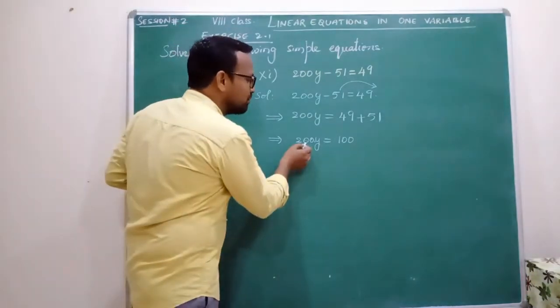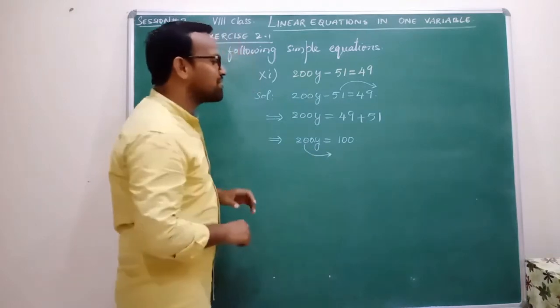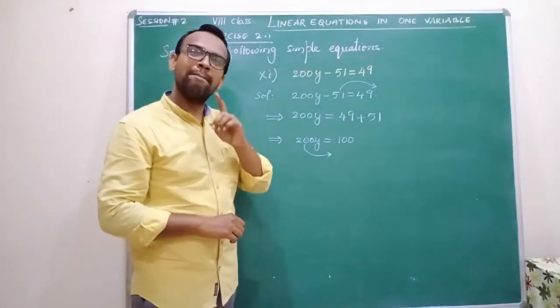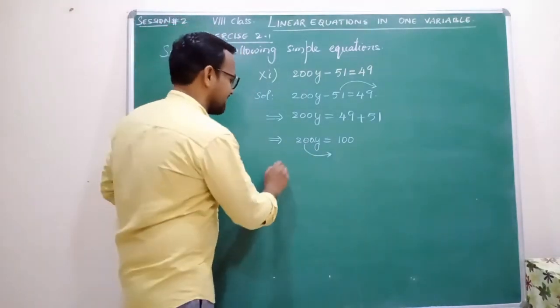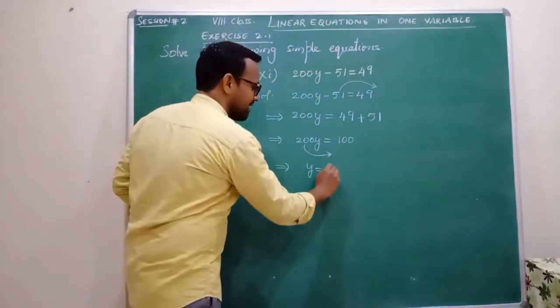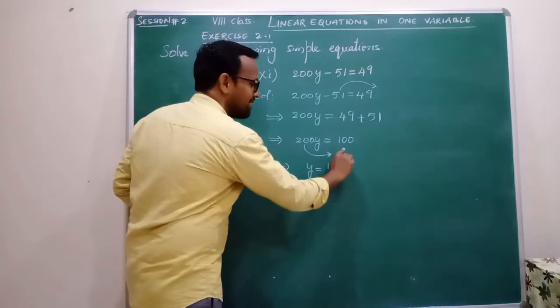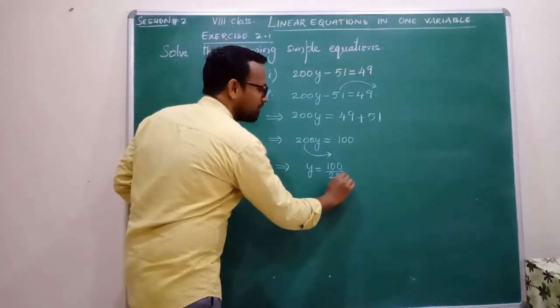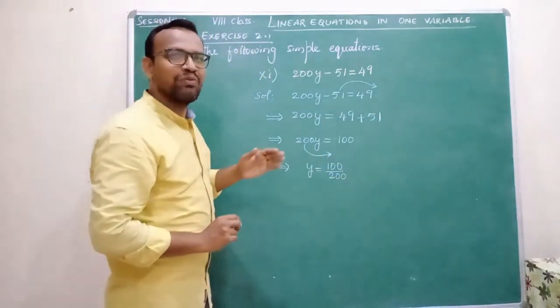Now, into 200 is transposed to the other side. It becomes by 200. Great. So, y is equal to 100 by 200. Now, this 200 is coming here. It becomes by 200.